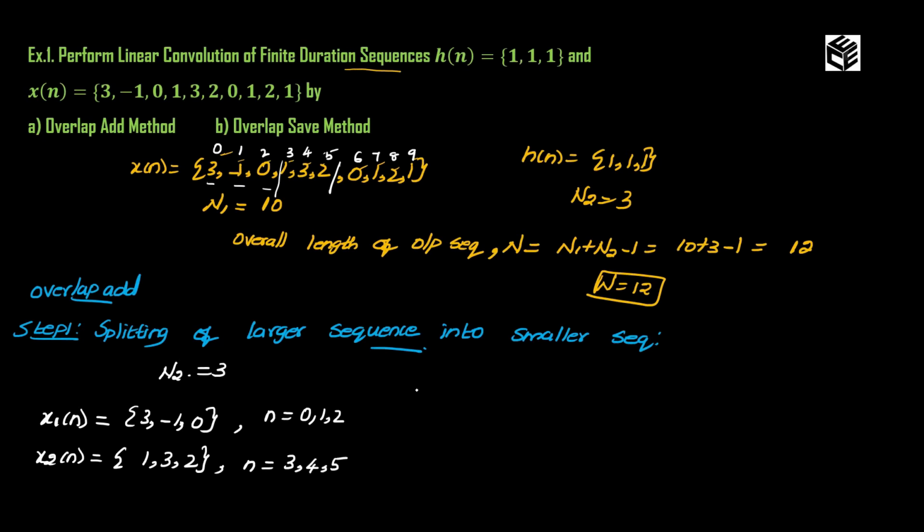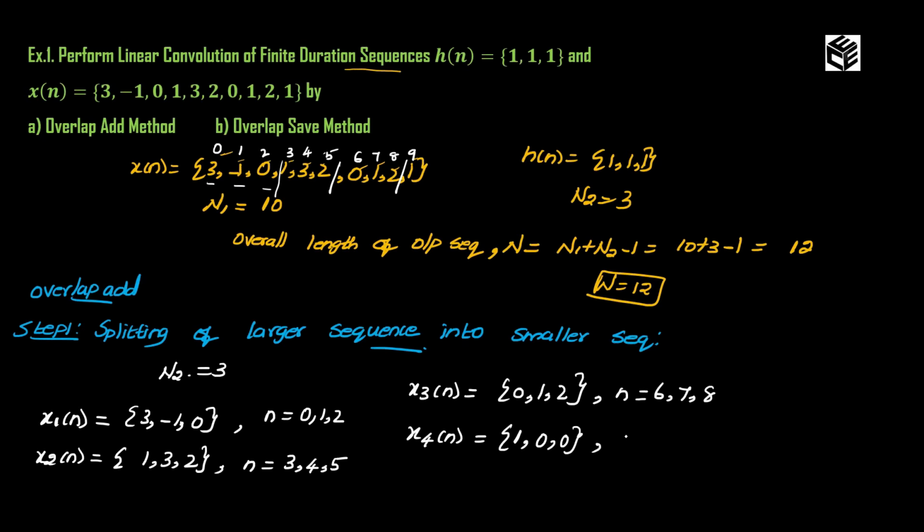Similarly, the next sequence is x3 of n. x3 of n is the next 3 elements, 0, 1, 2, and here the value of n is 6, 7 and 8. Now I am going to find x4 of n. x4 of n is the next sequence. Here I have only one element, so the remaining 2 elements I am giving as zeros. So the value of n is 9, 10 and 11.